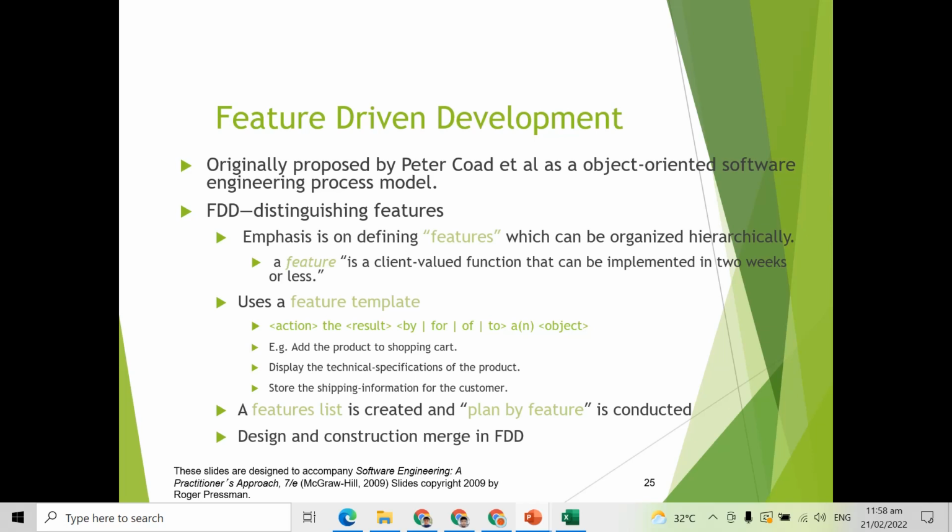For example: add the product to shopping cart, display the technical specification of the product, and store the shipping information for the customer. Then a feature list is created, planning by feature is conducted, and then design and construct merge in FDD.